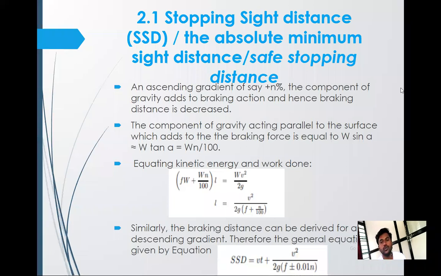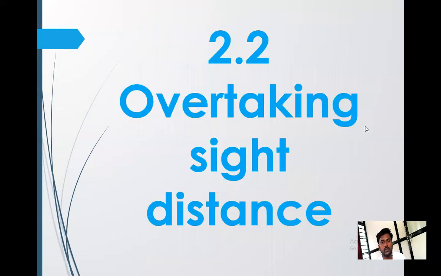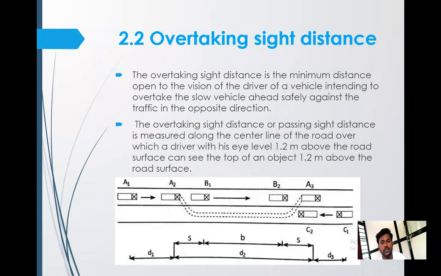Now we will move forward. Our second point is the overtaking sight distance. For that, it is very important to draw this figure. For overtaking sight distance, everyone please draw this figure.